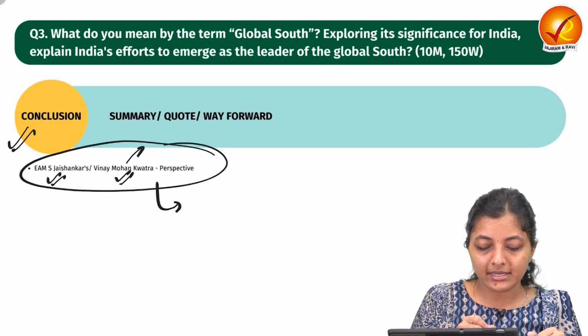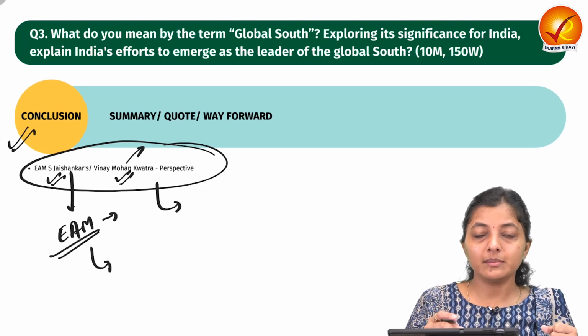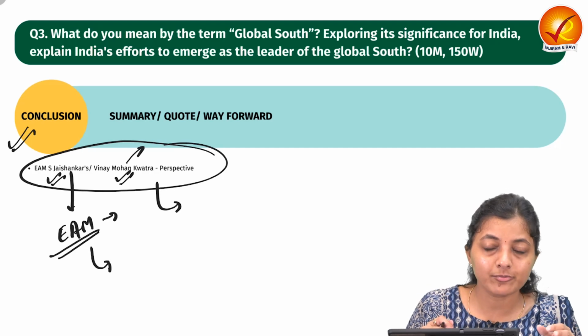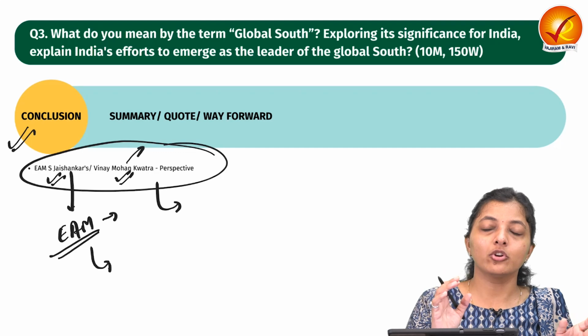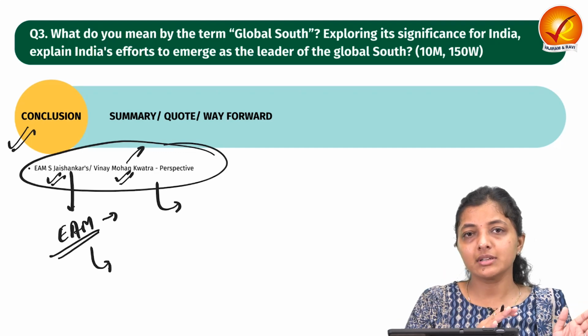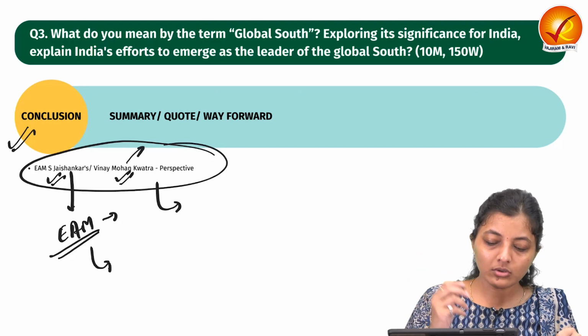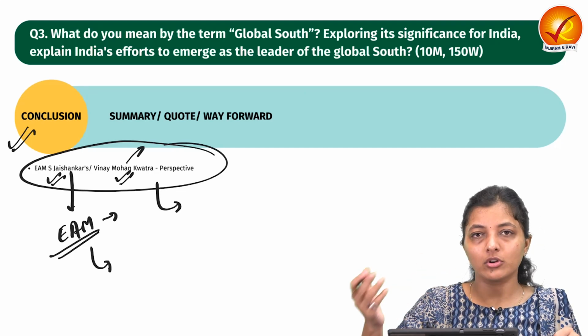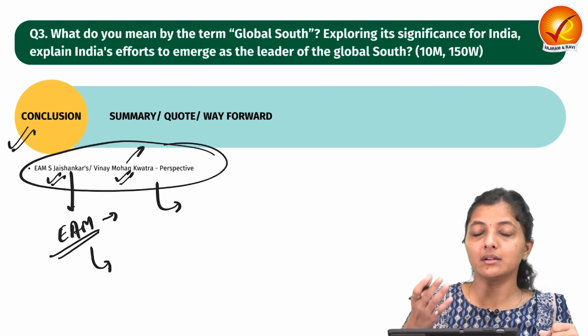And you can also write External Affairs Minister S. Jaishankar saying that Europe's problem is the world's problem, but the world's problem is not Europe's problem. And because the world's problem is not Europe's problem, all the Western countries or developed countries overlook the problems of the global south. So India has the potential to resolve these issues, to take part in these issues and take a voice to the global platform.